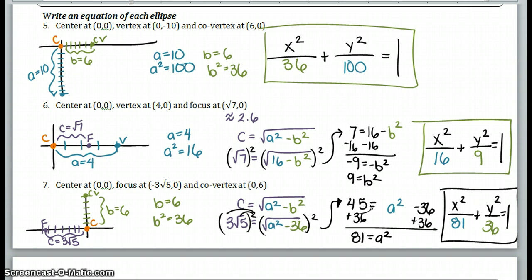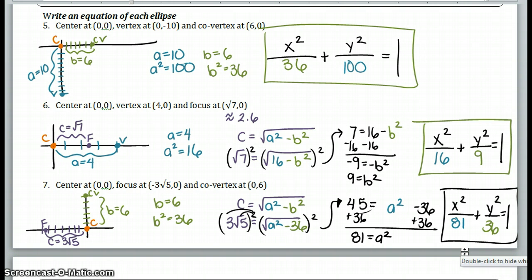Also notice that because the minor axis, our length of b, was going vertical, that value b squared ended up under y. Therefore, this must have been a horizontal ellipse, and our a squared, 81, ended up underneath the x squared term.